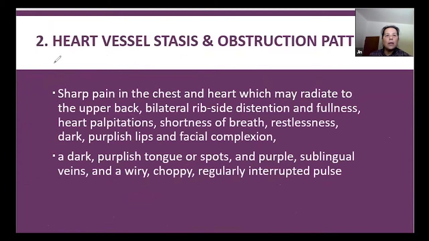Then we go to another pattern. That's mainly stasis, and the stasis causes blocking. There is a sharp kind of pain in the chest area, especially in the heart area, and it may radiate to the upper back.